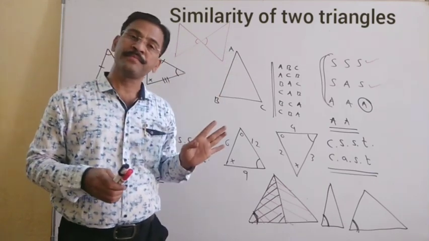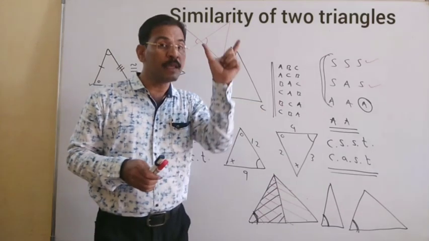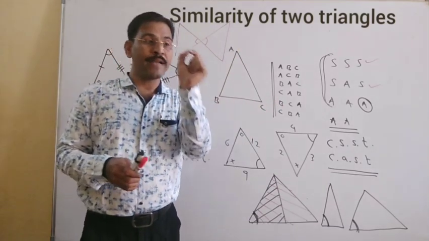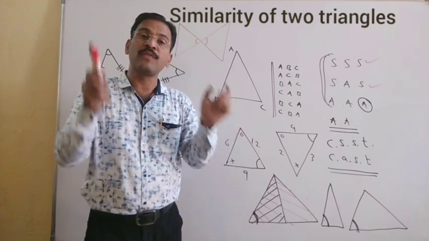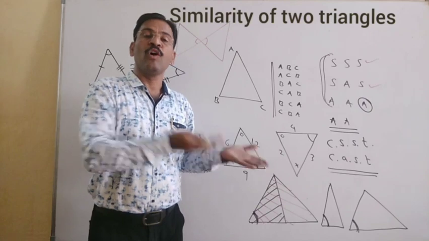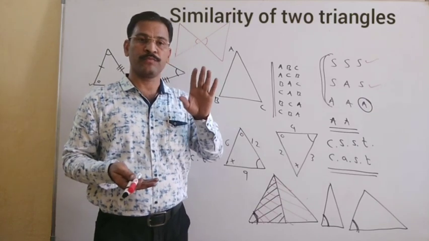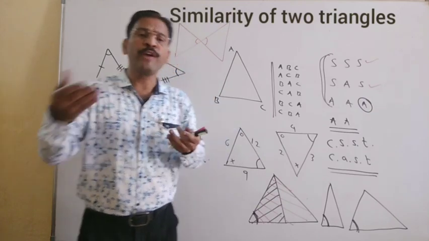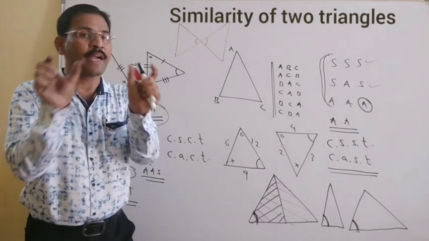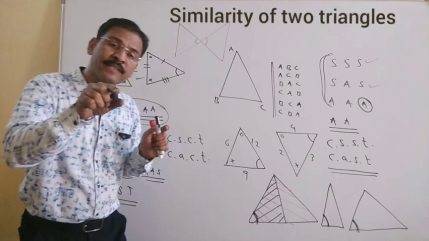Yes, tell me, when are two similar triangles said to be congruent? See here, this kind of example may be asked for 1 mark either in MCQ or in question number 1B also. Just remember, when we say two triangles are congruent, their corresponding sides are congruent. Corresponding sides are congruent means what?